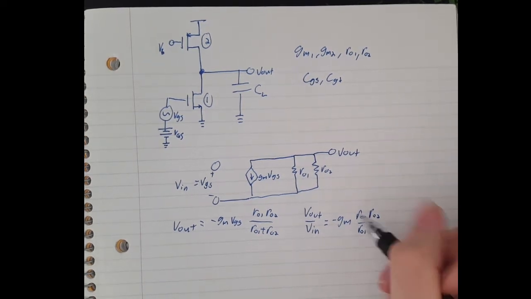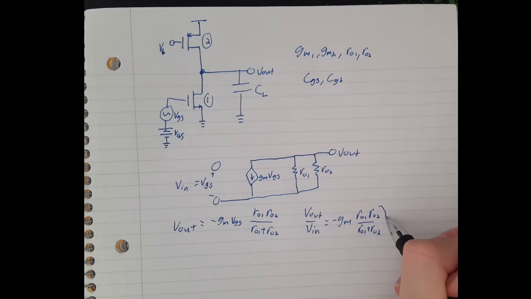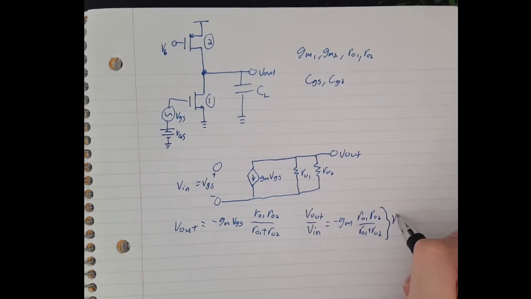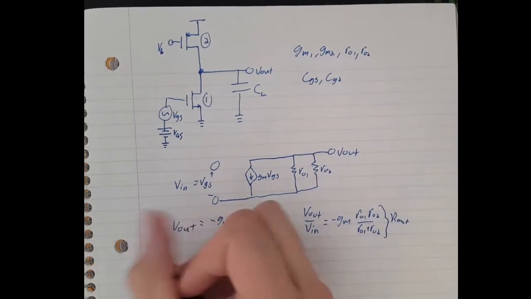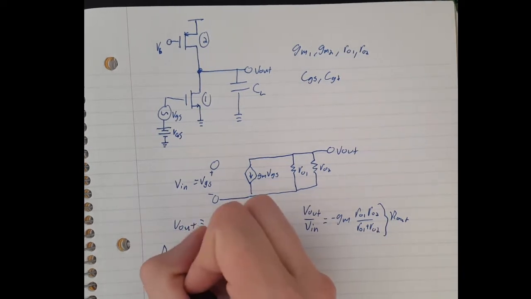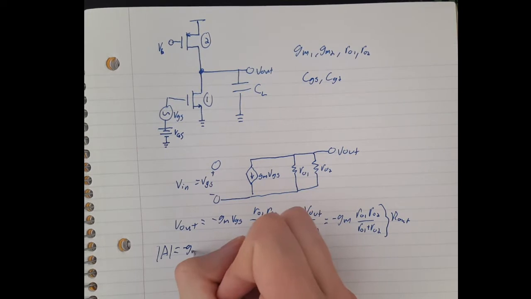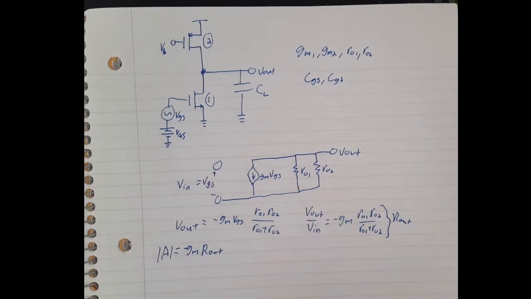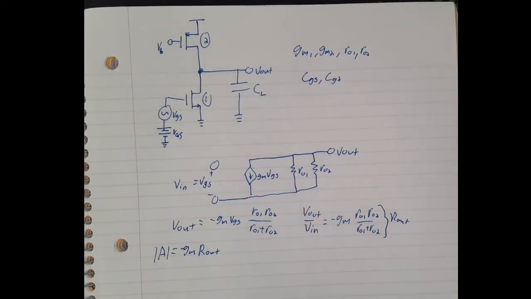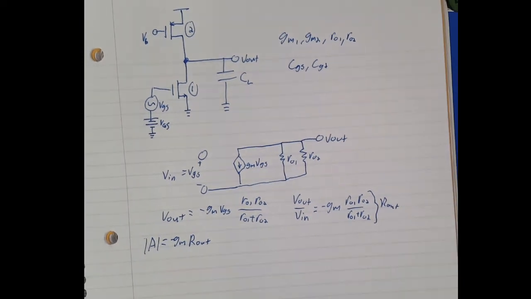And we can call this whole thing right here just R out. And so then our gain here is just equal to negative GM R out. That's the form we normally get, what we know from doing previous small signal analysis.